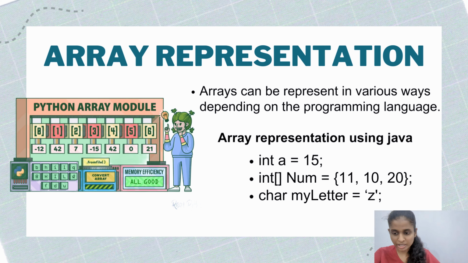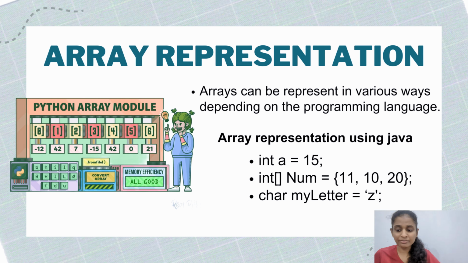For example, in the second example, it creates an array named num that holds 3 integer values 11, 10 and 20. Similarly, you can have a character variable like char myLetter equal z.